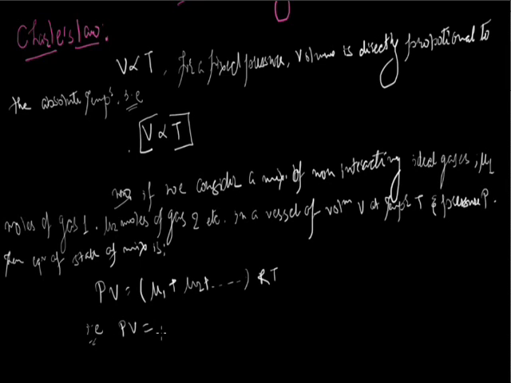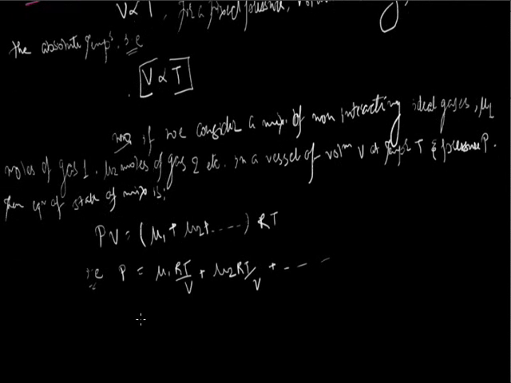That means P = μ1RT/V + μ2RT/V + and so on. So in short we can write P = P1 + P2 + and so on.